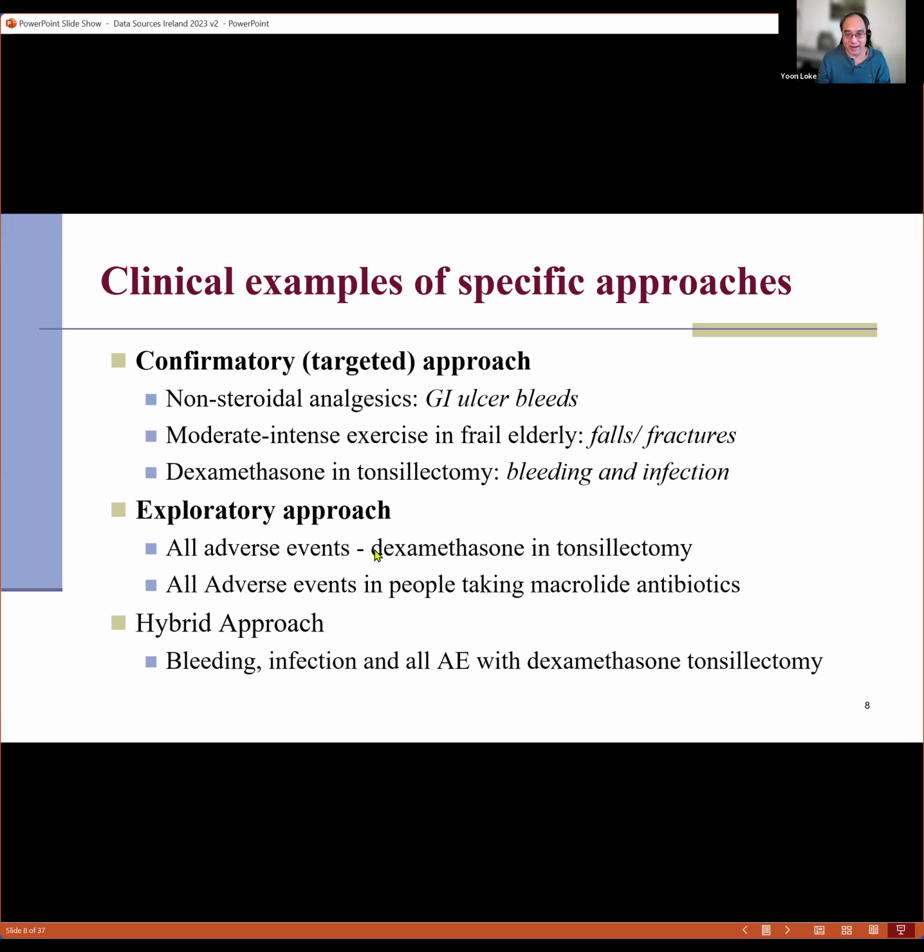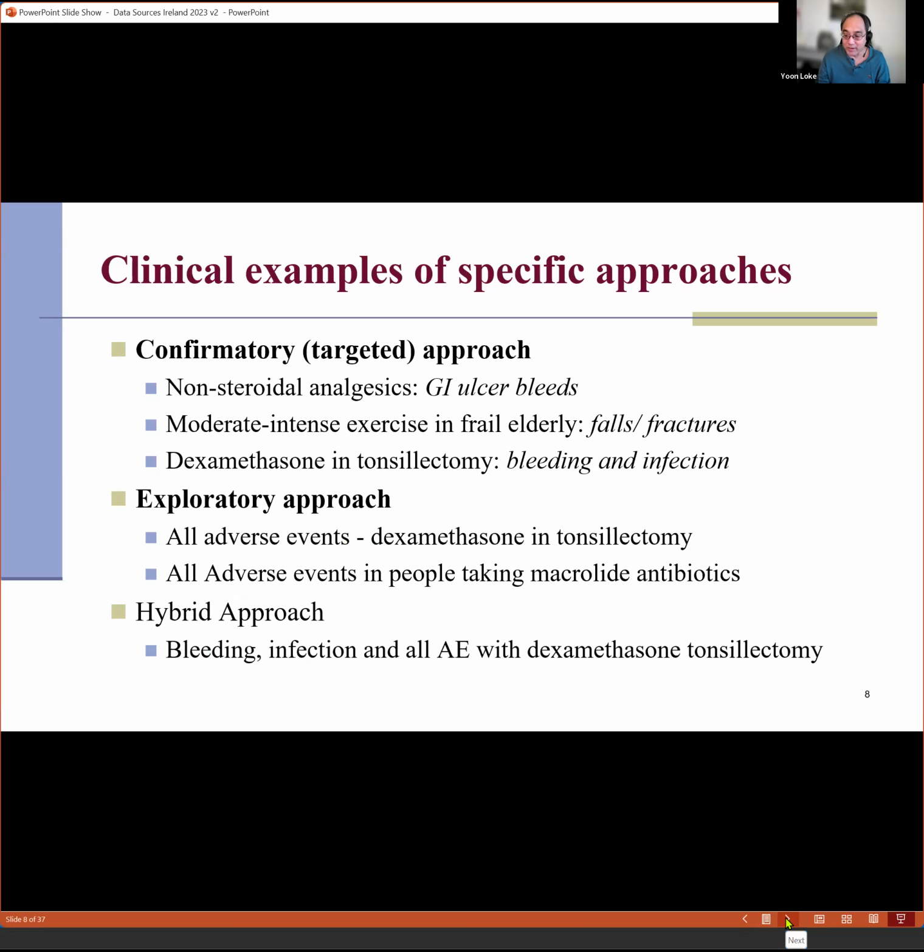What about exploratory then? So we have done a review of dexamethasone and tonsillectomy where they measured all adverse events as well. And in fact, it became a hybrid review where they had two pre-specified ones, and then you have a broad sweep version.